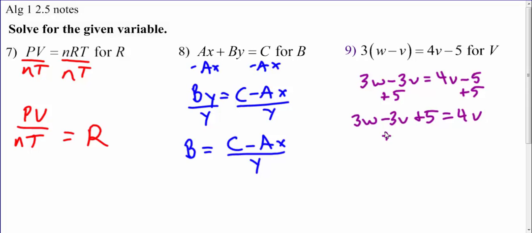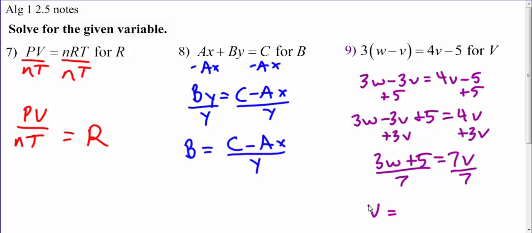And now I'm going to add 3v to each side. And we're almost there. Last step, divide both sides by 7, and you'll have your v value isolated. So 3w plus 5 divided by 7.